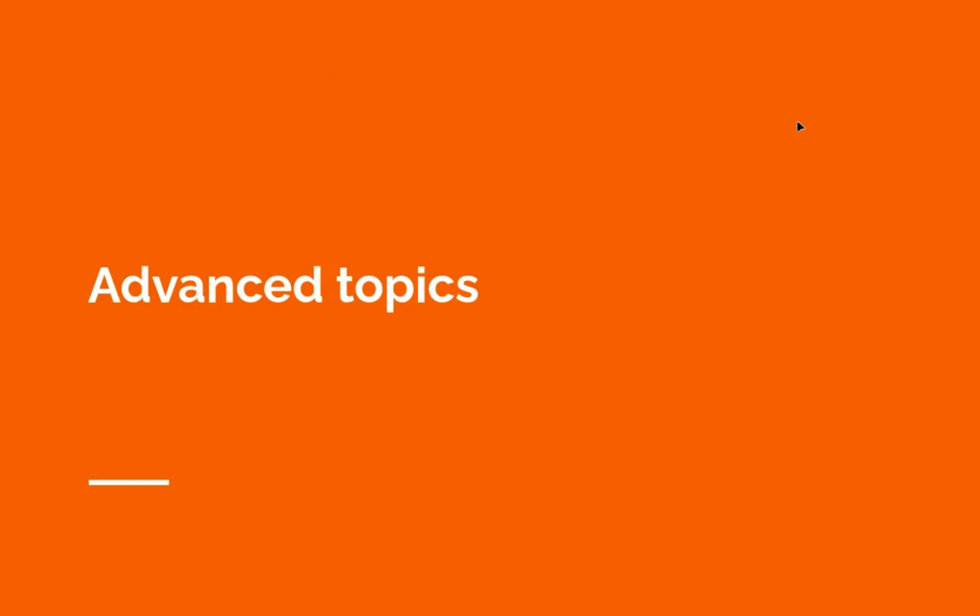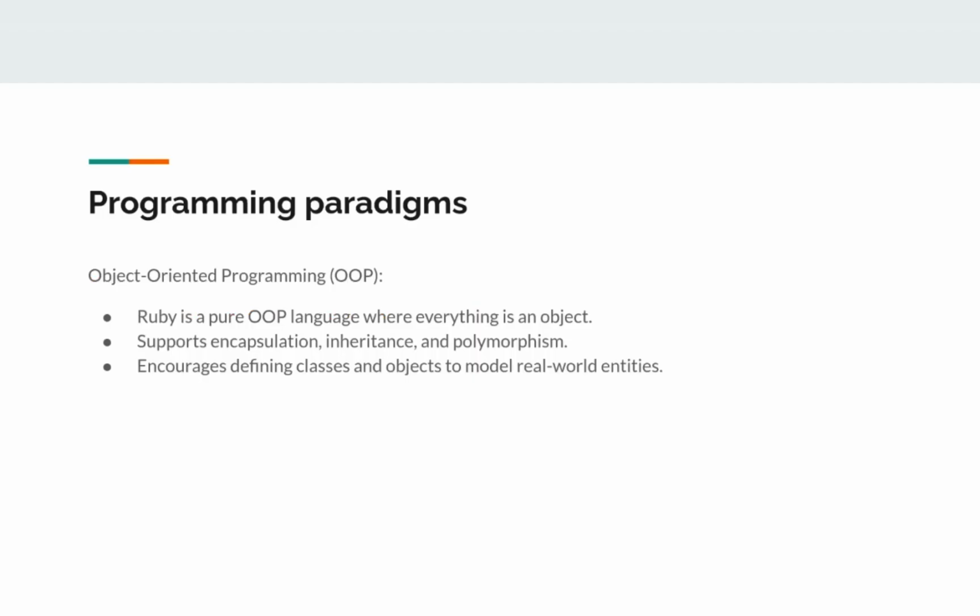Okay, so I'm now going to talk about some advanced topics in Ruby. First of all, we're going to talk about the programming paradigms supported by Ruby. Firstly, we have object-oriented programming. Ruby is a pure object-oriented language, and everything is treated as an object.